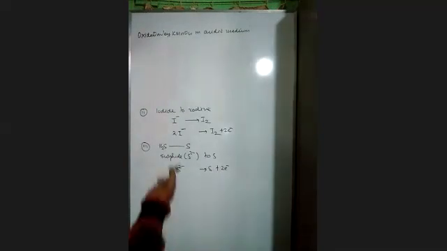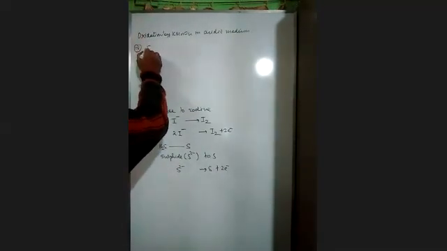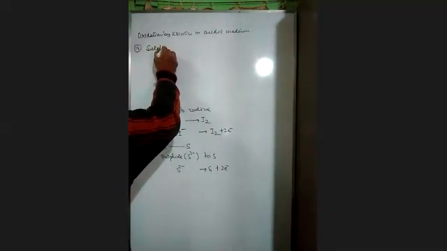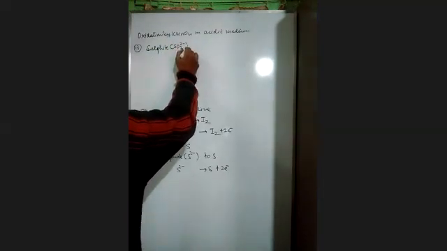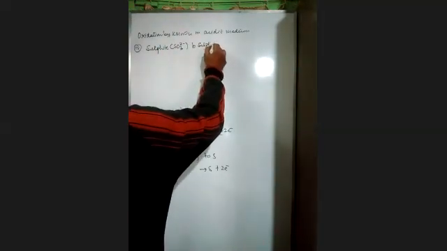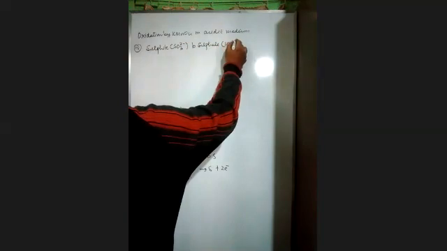Then do this 4. Sulfide, SO3 2 minus to sulfate, SO4 2 minus.